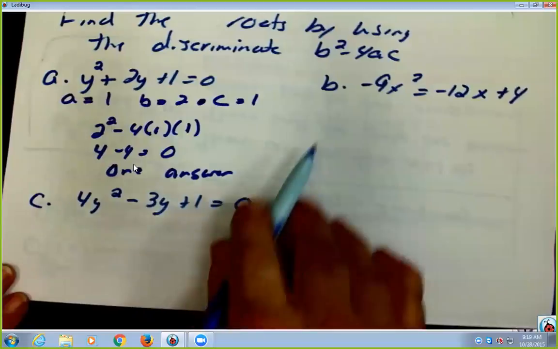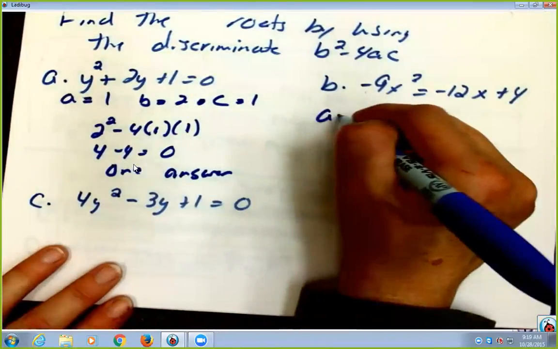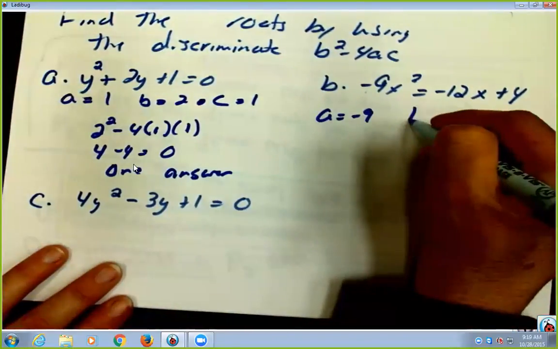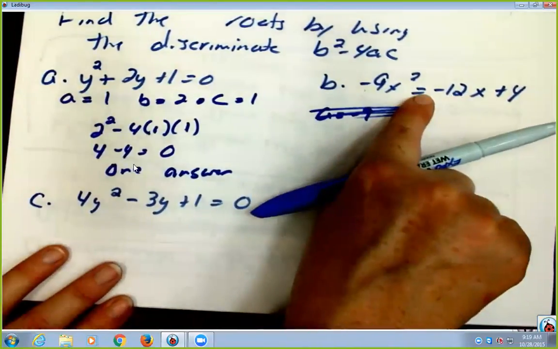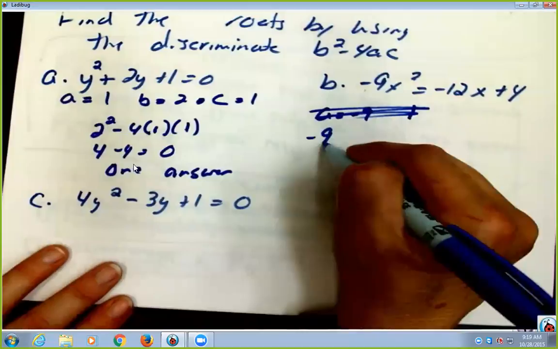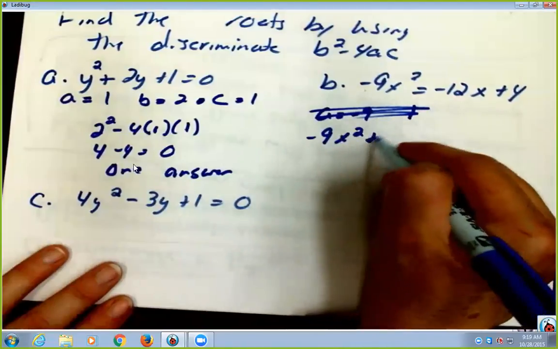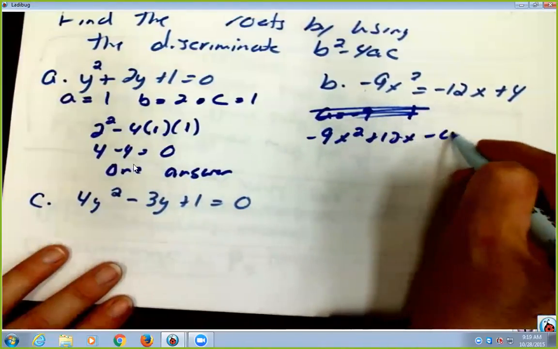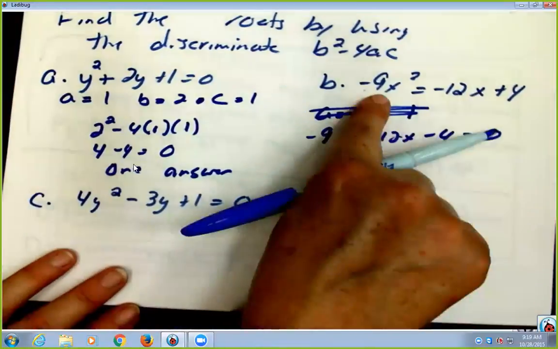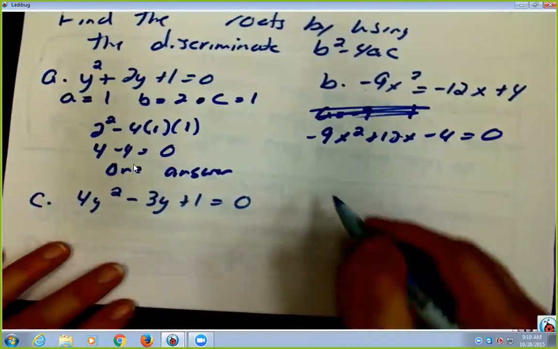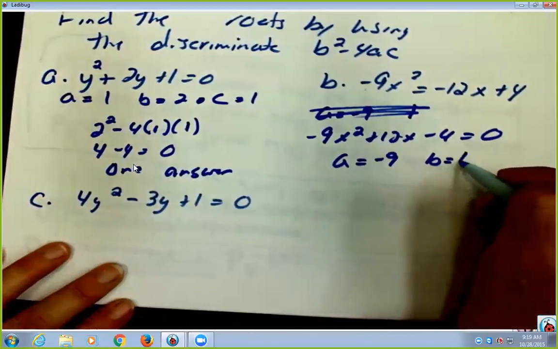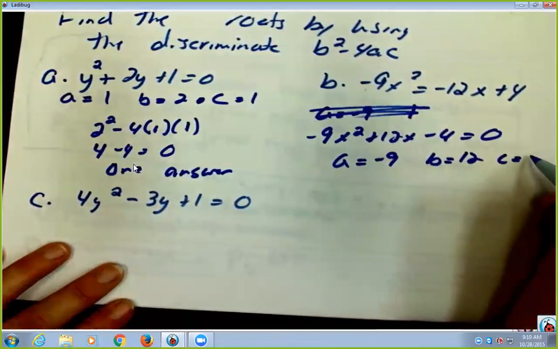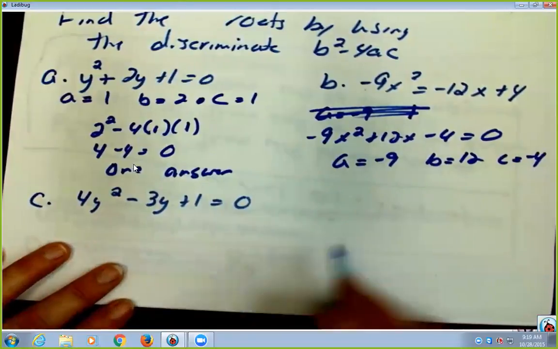The bottom, this one over here, A equals a negative 9. Whoops, first off, that's not set up right. Notice these are on the other side of the equal, so I need to move them over first. Change their signs, move them to the opposite side. Then you can find A, B, and C, and then plug them in.